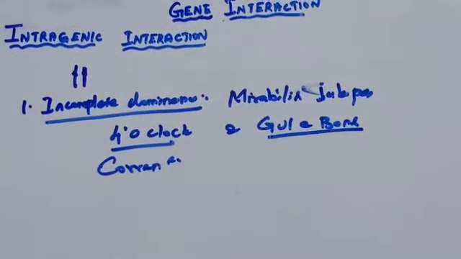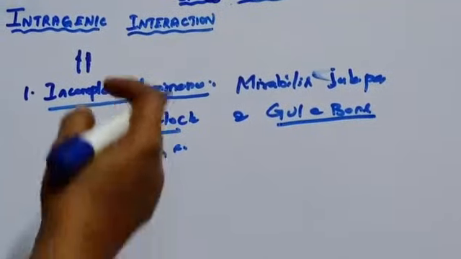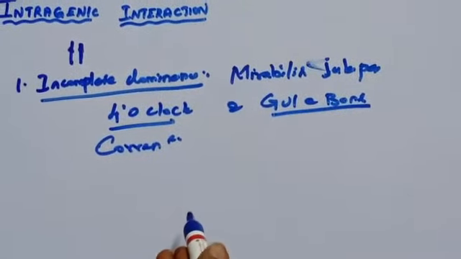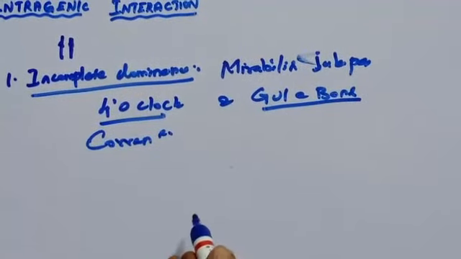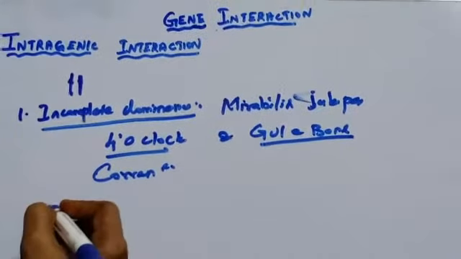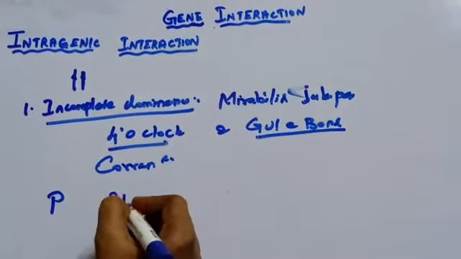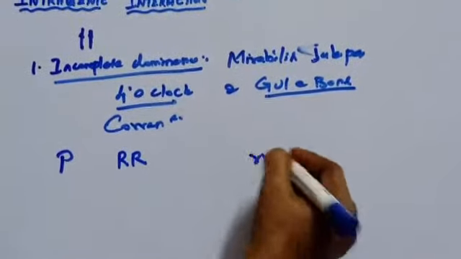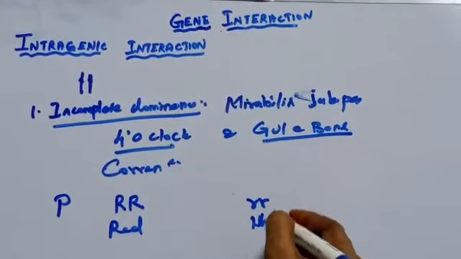Okay, see, this Mirabilis jalapa produces two types of flowers. One produces red color and another produces white color flower. Now I'll explain. We can take this parent. One parent produces red color flower, another parent produces white color flower. This is red and this is white.